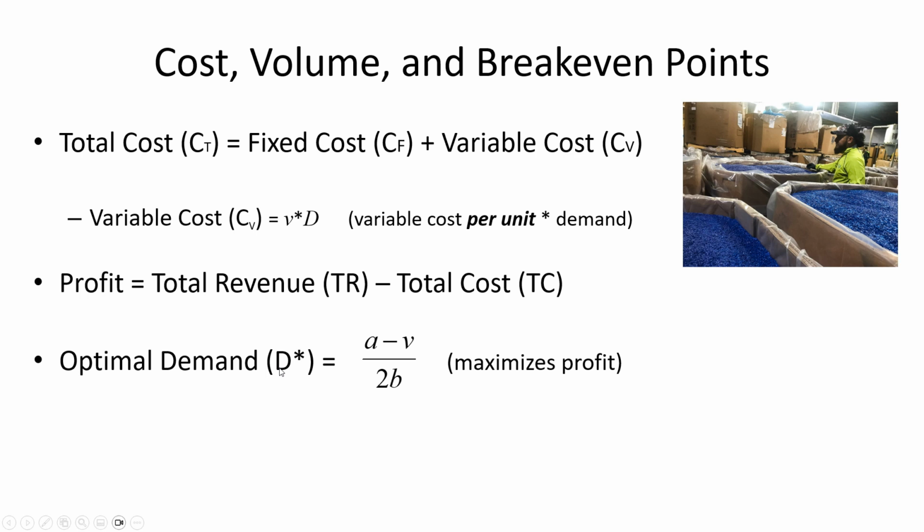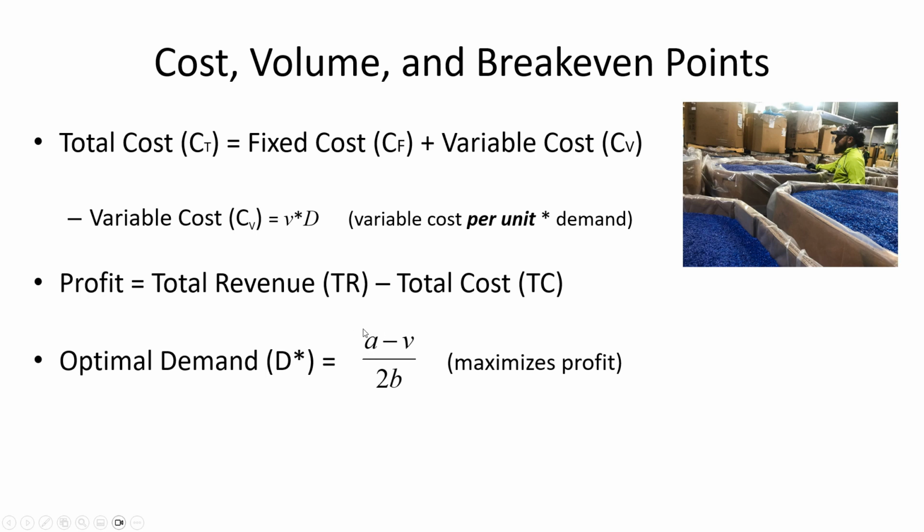So here's the sweet spot. D with a hat over it from the previous slide was maximum revenue, and D with a star is optimal demand. So optimal demand is the operating point that gives you the most profit. If we're thinking about that graphical figure that had the curve of demand and price, remember A was the intercept with the vertical axis.